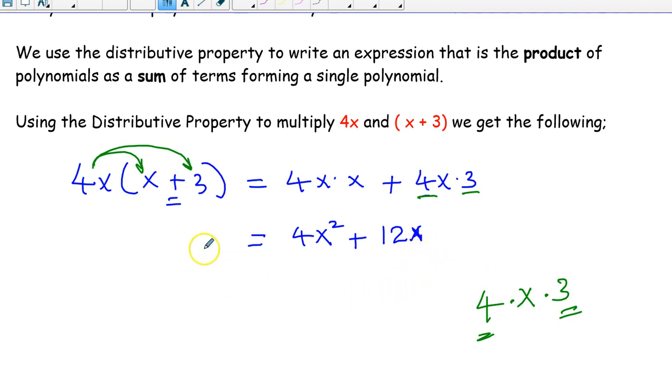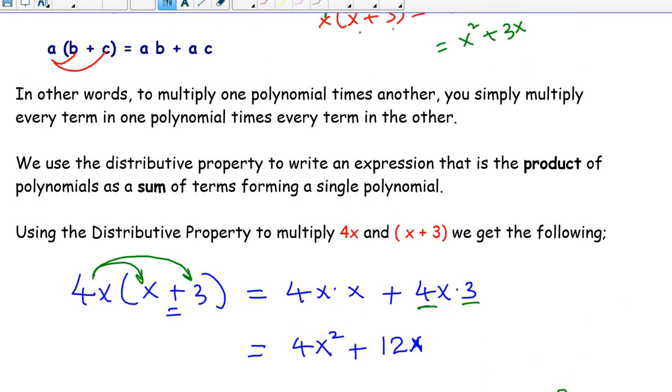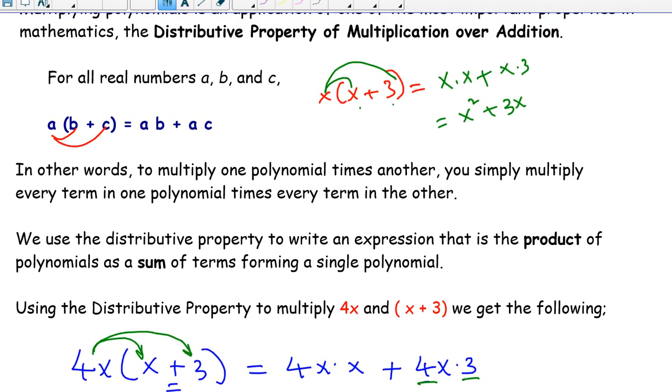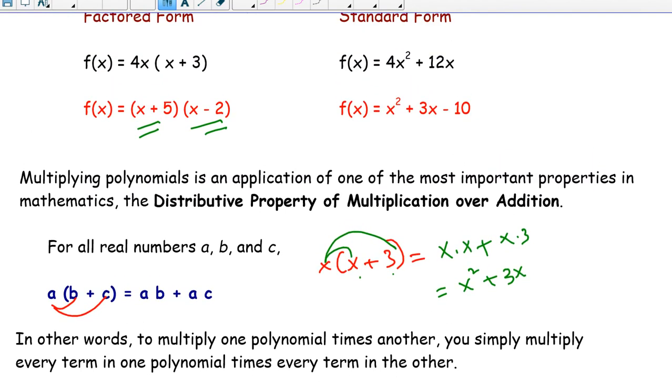It's very easy. So the product of 4x times x plus 3 is 4x squared plus 12x. Okay, that's what we have there.